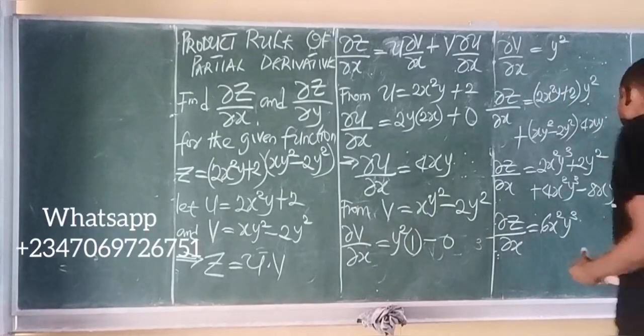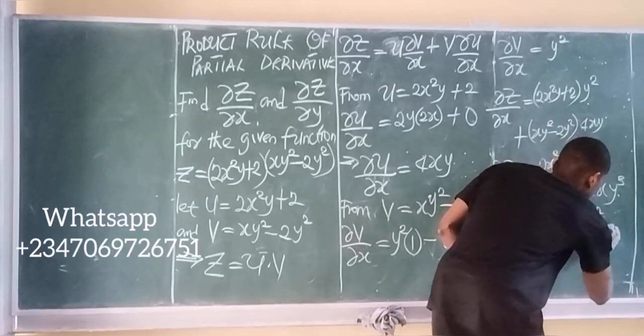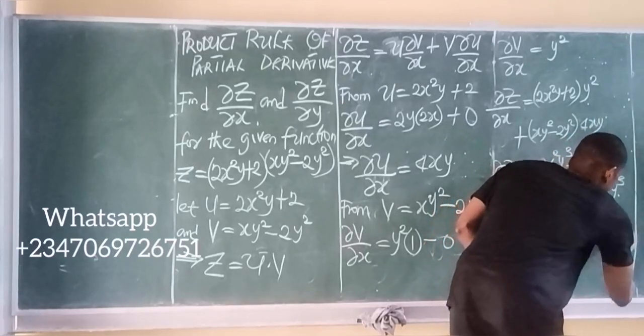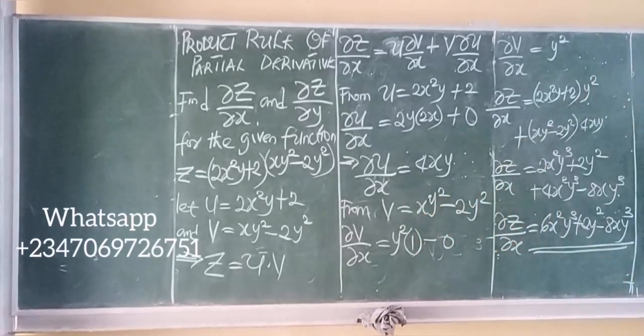So I have plus 2y squared minus 8xy cube. So this becomes the partial derivative of that function with respect to x. All right, so you may wish to factor out y, because there's y in all of them if you wish, but this can also be taken as the answer.